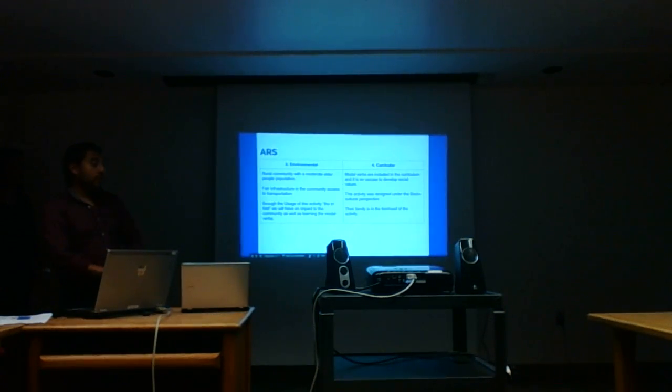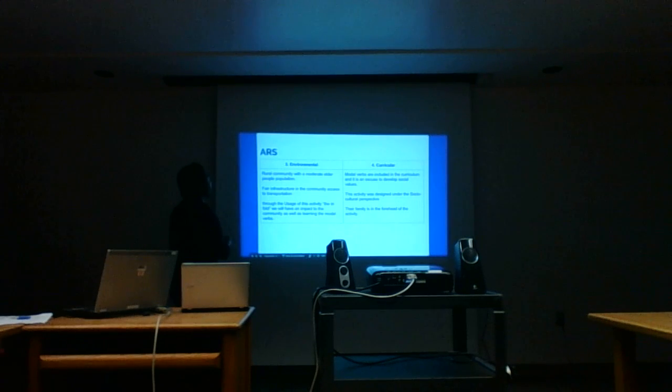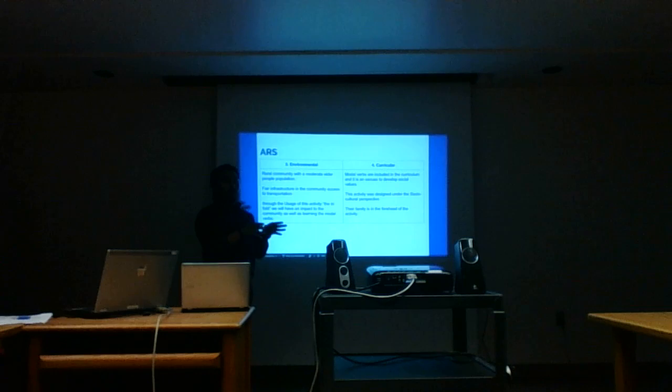Next, the environmental part. Okay. Again, talking about the context, this is very linked to the environmental readiness, right? This place is a rural community with a moderate elder people population. So that's why it's a good strategy, because we can actually make a difference in the community. There are so many elder people that we can actually reach them all.